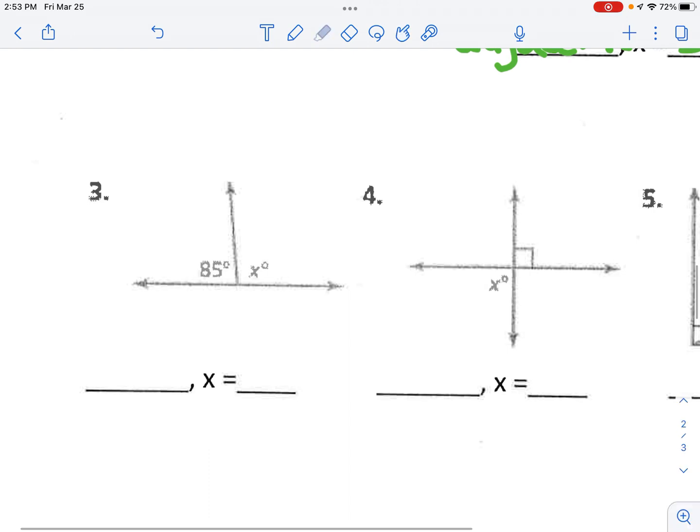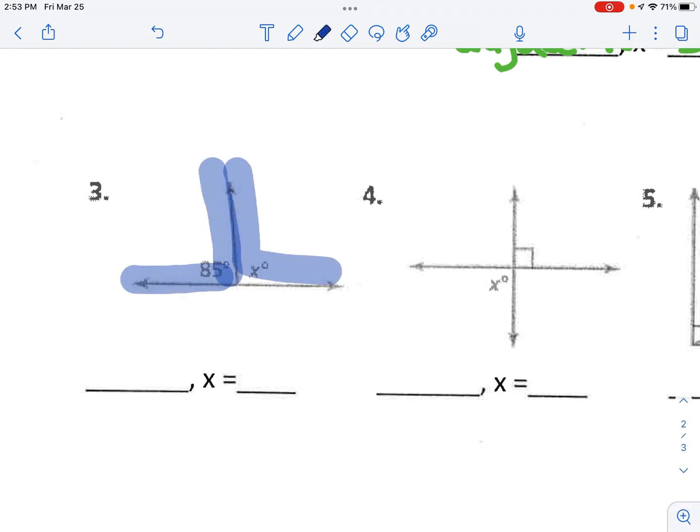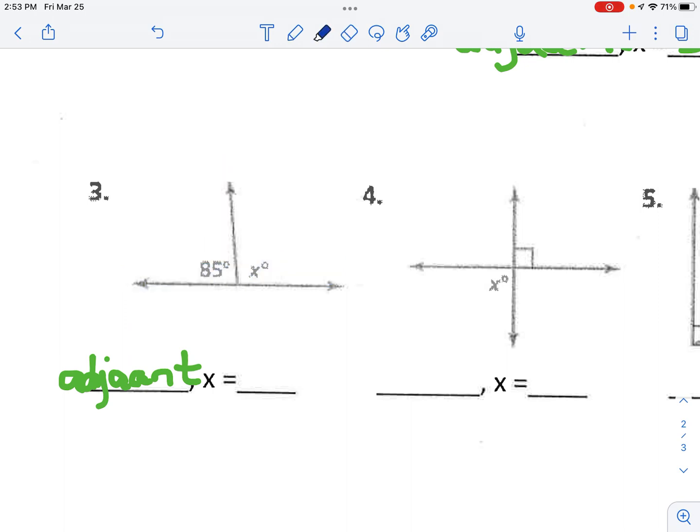Number 3. So I'm looking here and here. Those are adjacent because they share a side and a vertex. Now these two angles together also form a straight line. So we can clearly see right here, that's going to be 180 degrees.